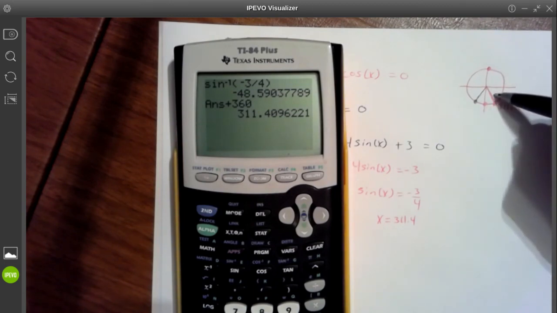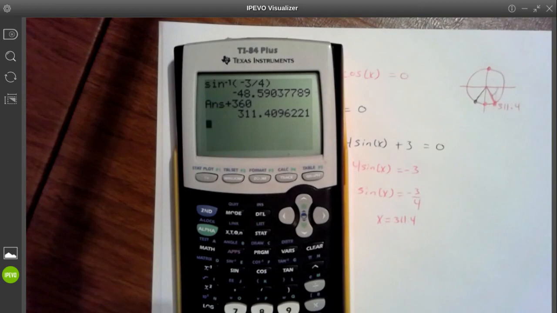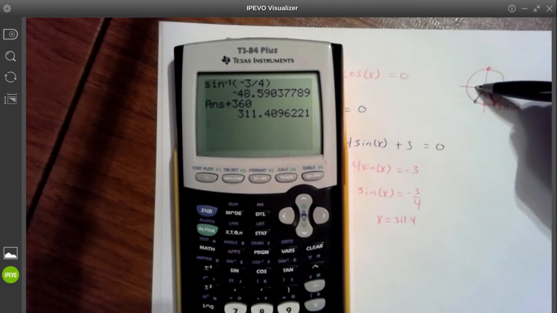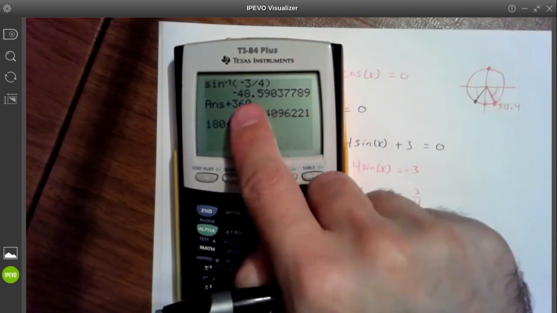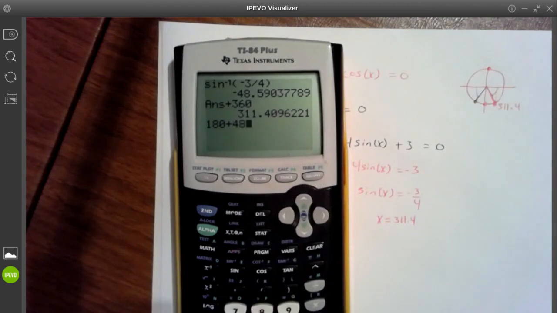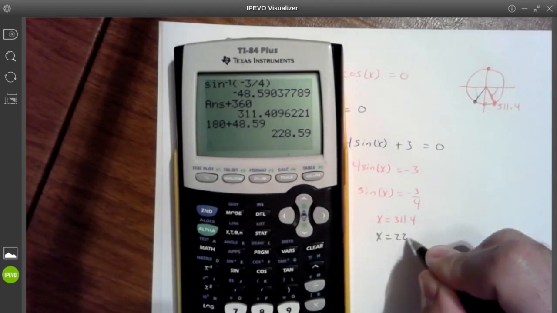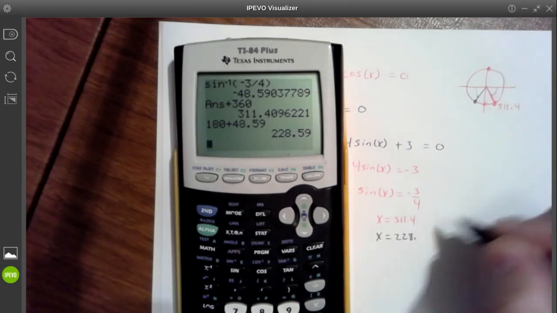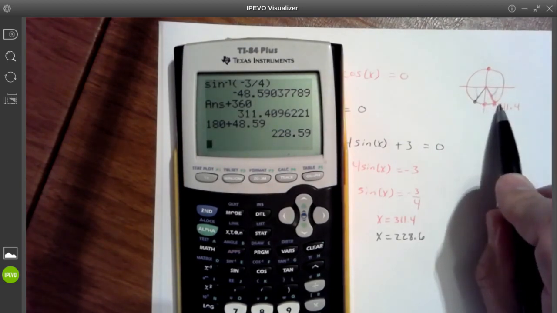One way would be to figure out what this is, which we know was this 48.5, and you could add that to 180. So 180 plus this 48.59 is going to give us that other position, 228.6, I guess.